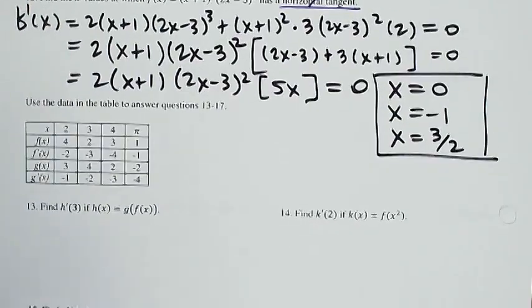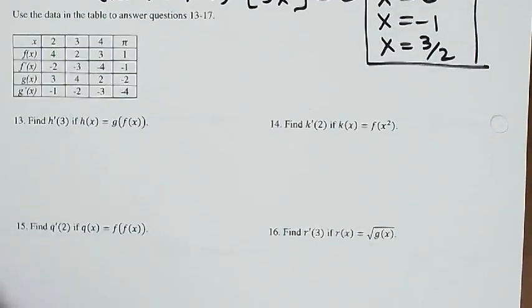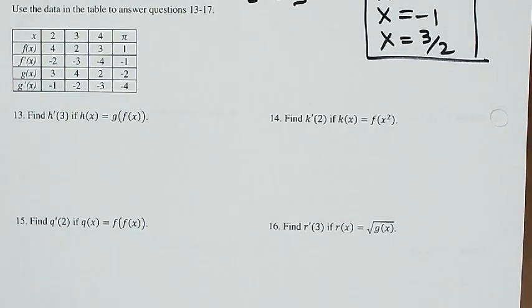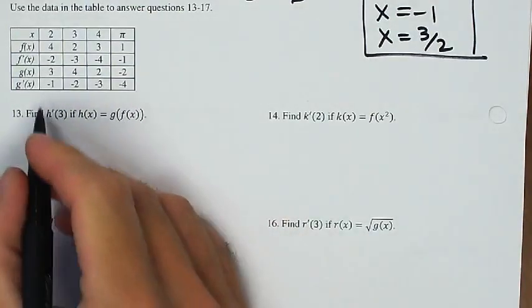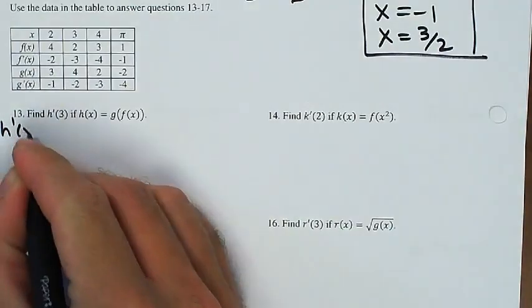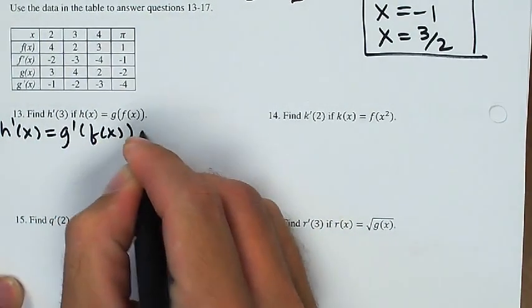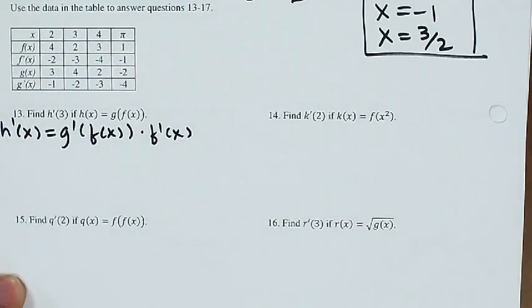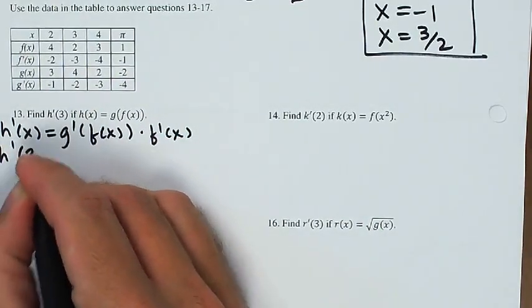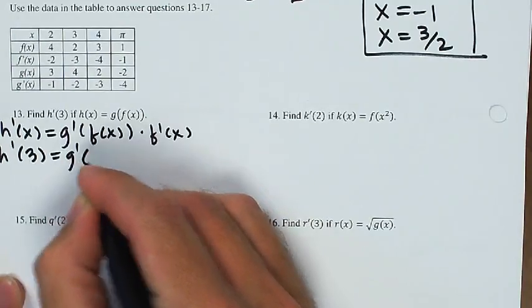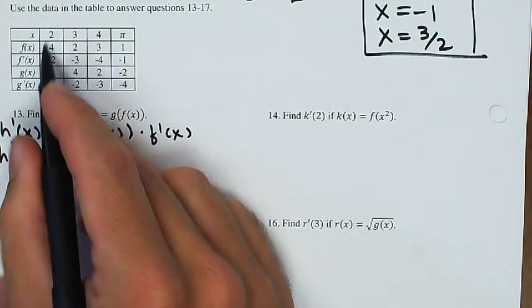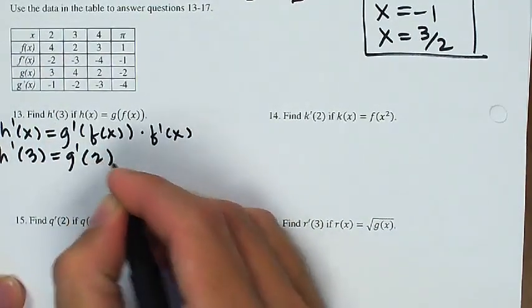All right, and then here we've got some table questions, and that will be helpful, I'm sure. All right, so I need to find h prime of 3, so I need h prime of x. So h prime of 3 is g prime of f of 3, and f of 3 is 2.